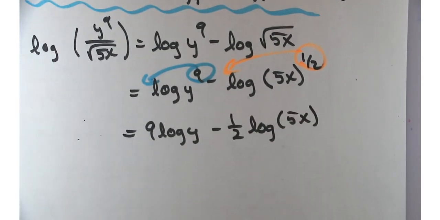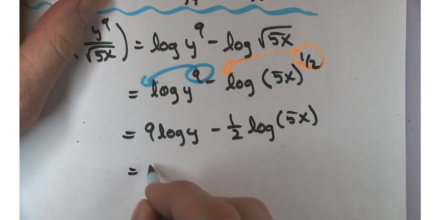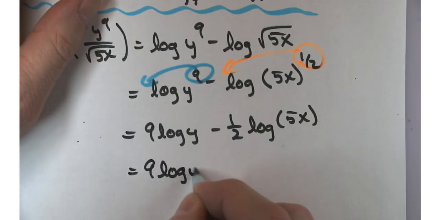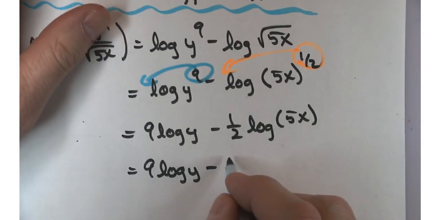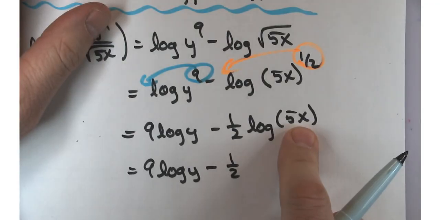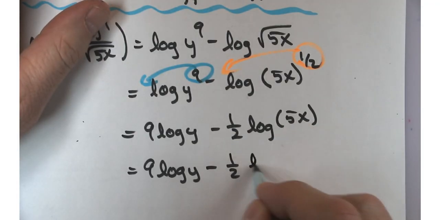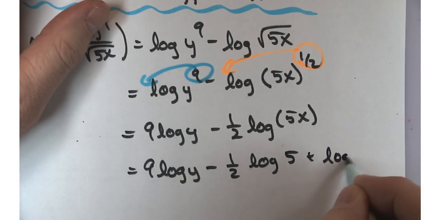Looking good there. And then, let's think. 9 log of y minus 1/2, I want to see what you think here first. What rule can I use here? Product rule. 1/2 log of 5 plus log of x.